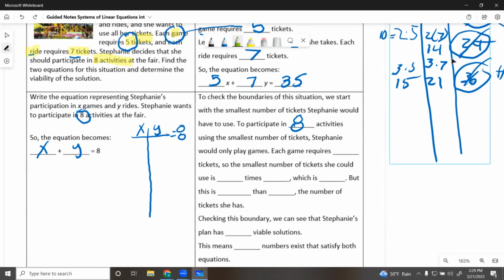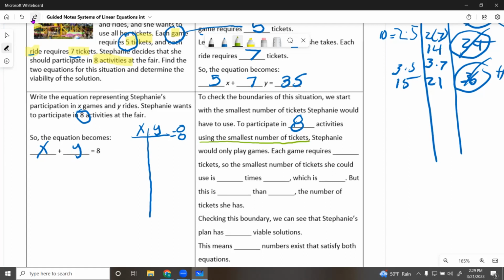So just as I did before where I made that T chart to see if it worked, I'm doing the same over here. The equation to participate in 8 activities becomes X plus Y equals 8. The number of game activities plus the number of ride activities equals 8.